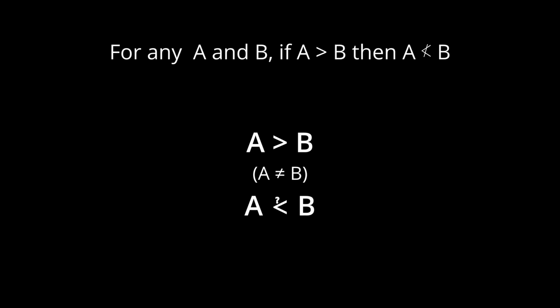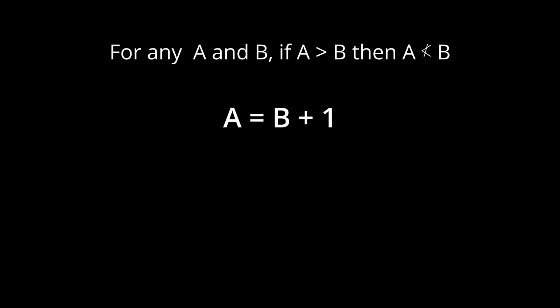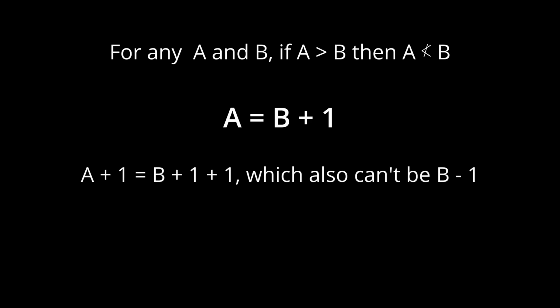Since it's more than b, I know it's either the number after b, or it's after another number that's more than b. In the former case, I know that it can't be the number before b, so the only way for it to also be less than b is for the number after it to be less than b. However, the number after it can't be the number before b either.